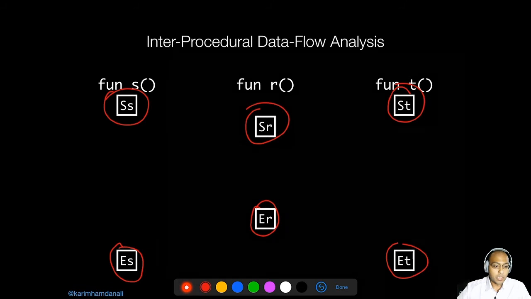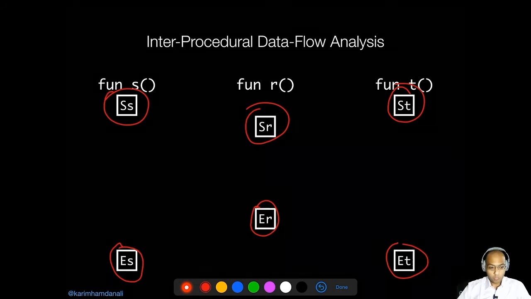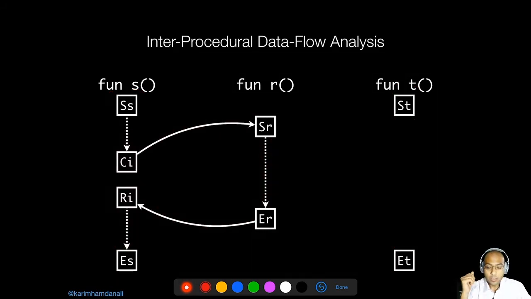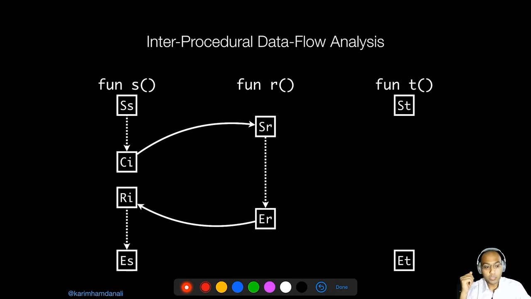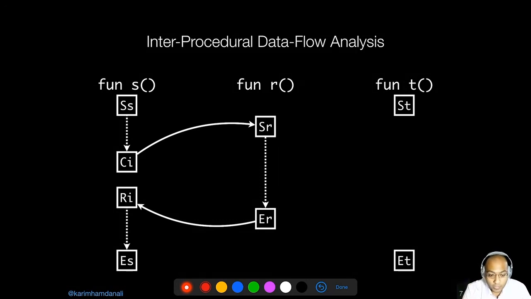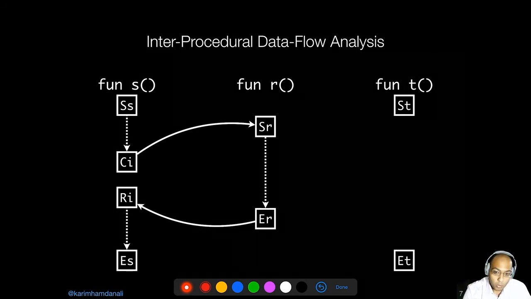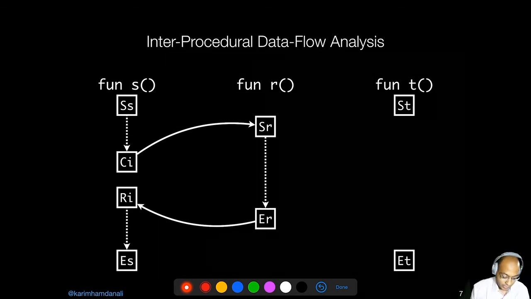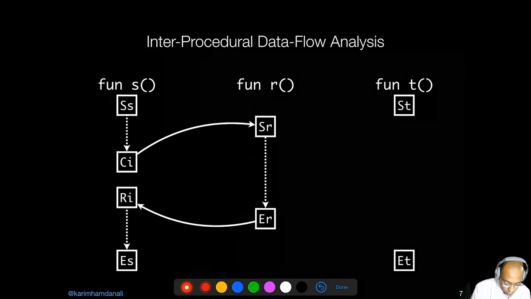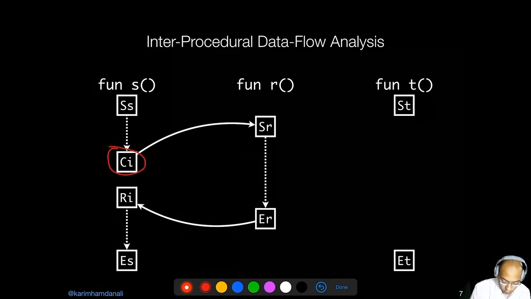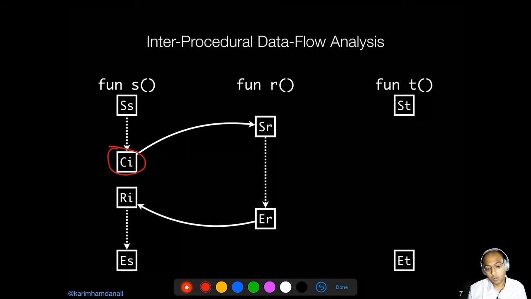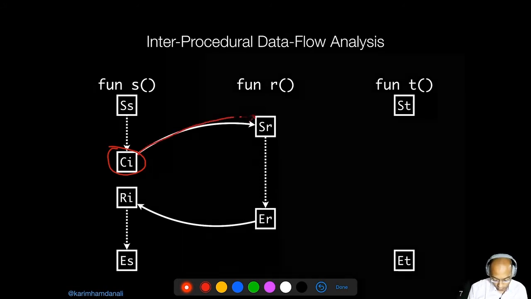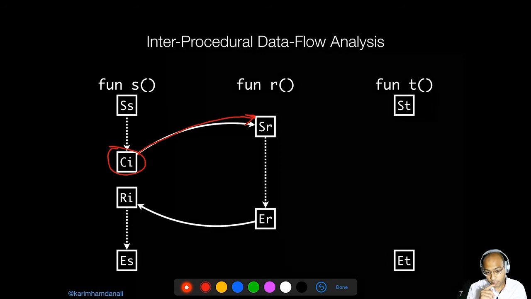In between those nodes, we're also going to add nodes for the call sites. Let's say here you have a call site, call I. Once that call site is reached, we're going to add an edge to the starting point of the method we're calling. We're going to have the control flow graph in this dotted line for that method.